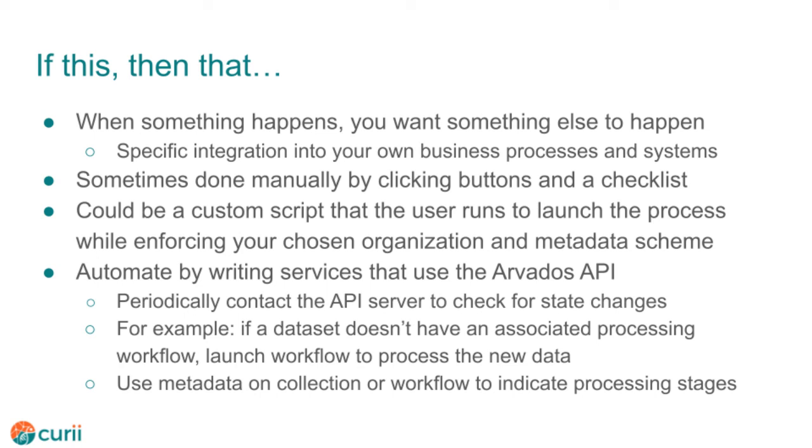A useful technique is to store your orchestration state in Arvados metadata properties on the collections or projects that are under consideration. For example, after data ingestion, but before starting data processing, you may require some additional validation or review, which can be tracked by adding a needs validation or passed validation status.